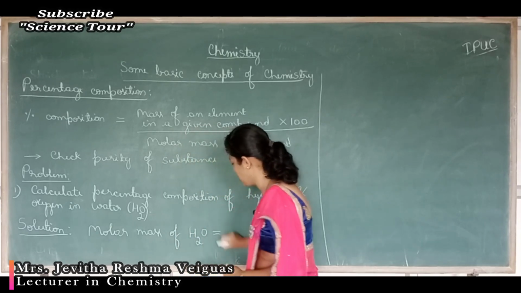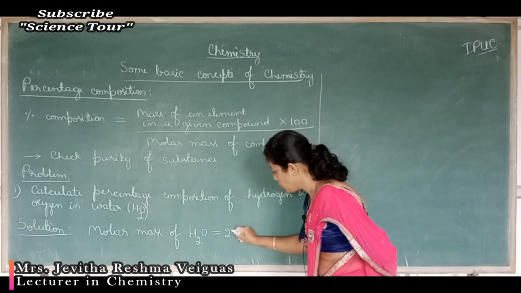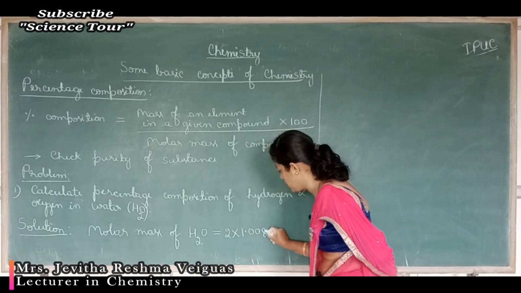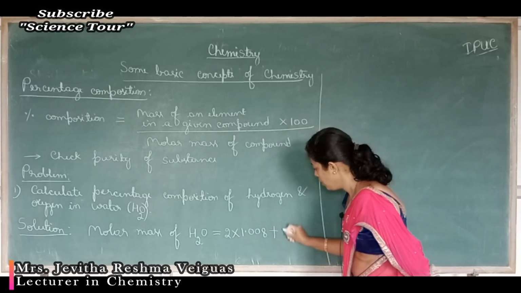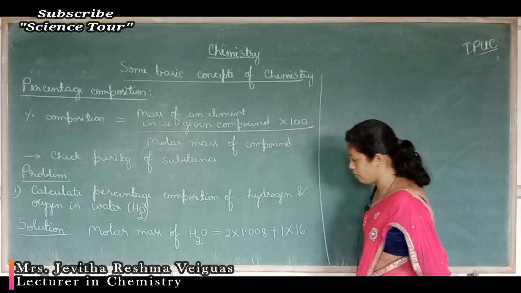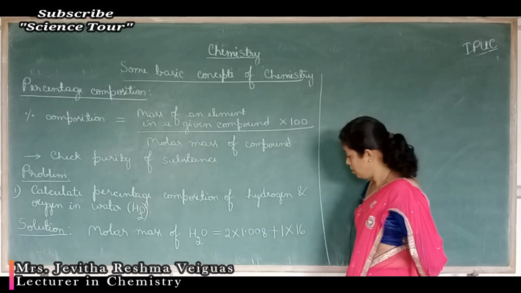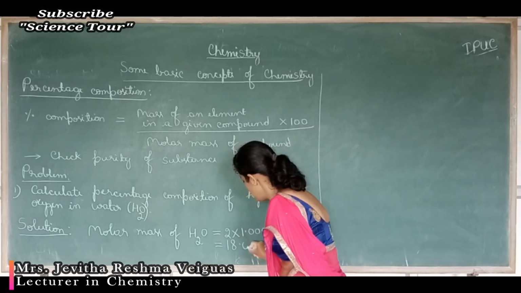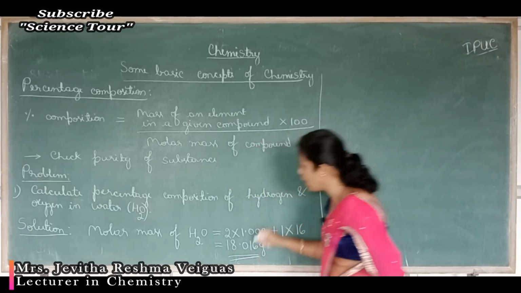The number of atoms of hydrogen is 2, so 2 into the atomic mass of hydrogen, 1.008, plus the number of oxygen atoms, 1, whose atomic mass is 16. So it is 2.016 plus 16, that is 18.016 gram. This is the molar mass of water.